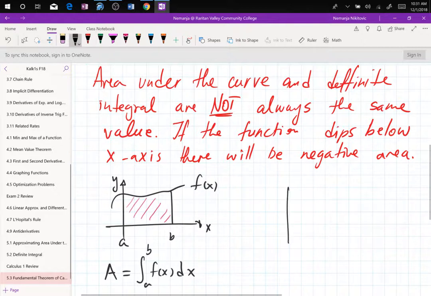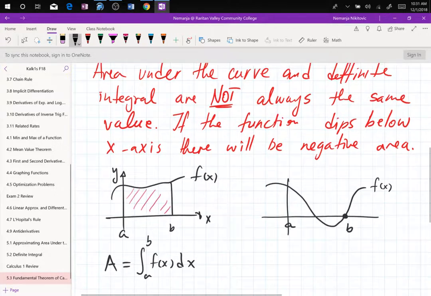The other case is when the function dips below. Let's say this is your a and this is your b, in which case you would have this area and this area. In this case, area is not the same as the integral from a to b of f of x dx.